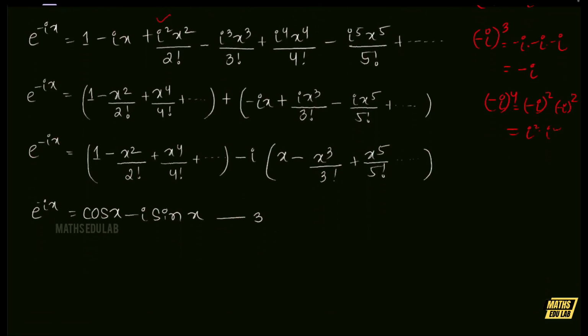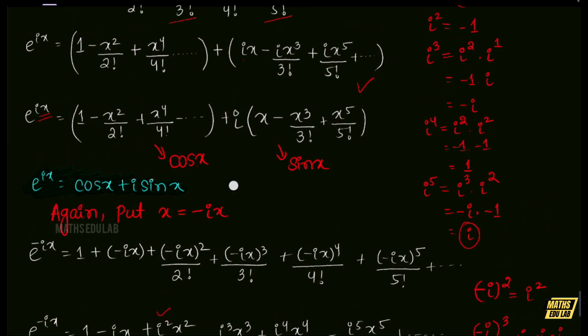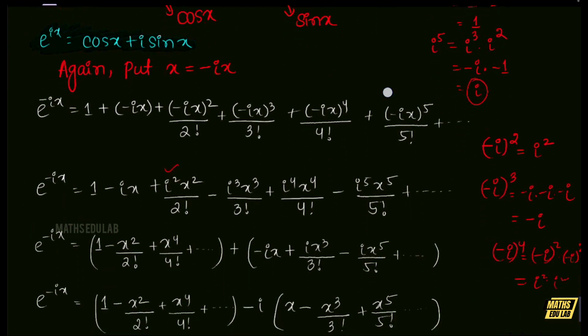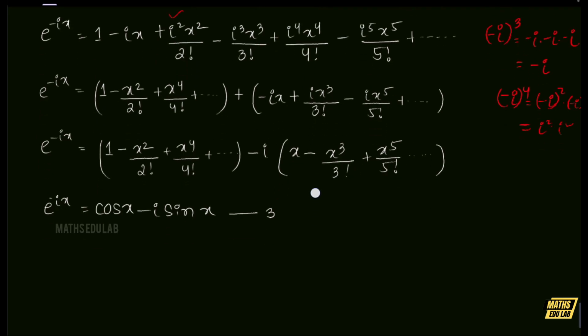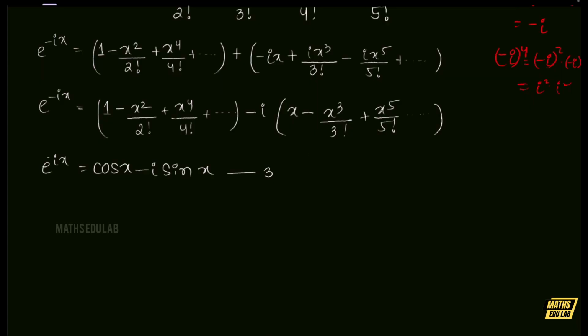Then after writing, as I have done here, I just separated out the values. Similarly here also, I separated the terms where i is not multiplied, which I wrote first, and then the terms where the i is multiplied. Then, if you see the values again, this is our cos x value, and here we got minus x, since the minus x values are present.